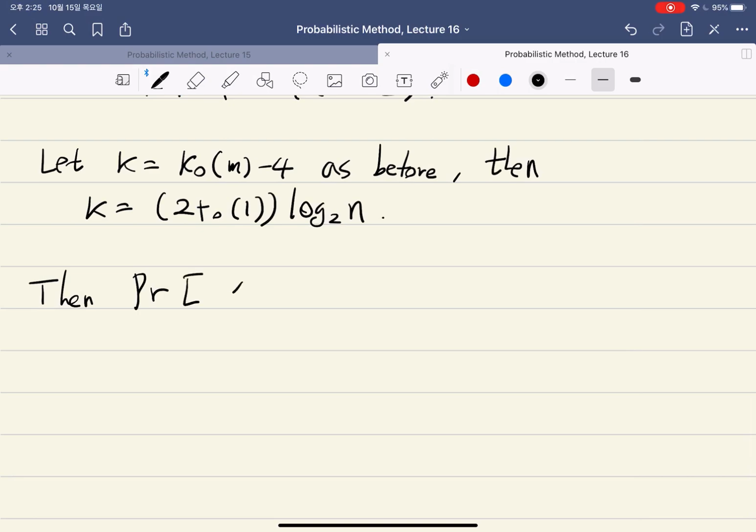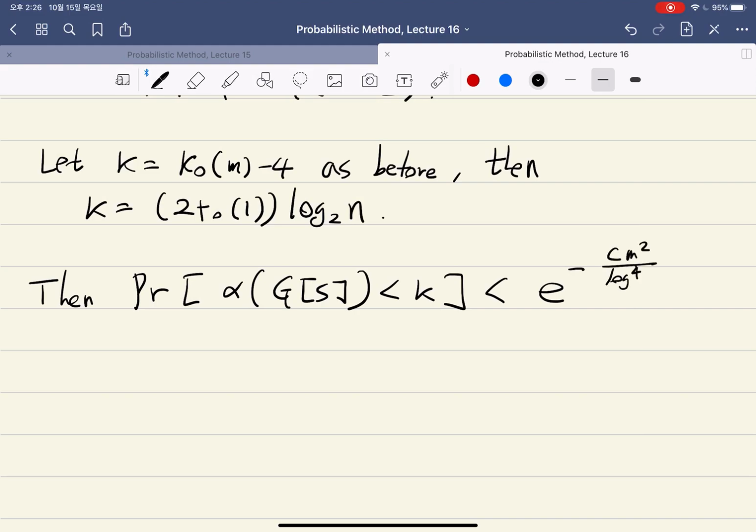Then we know that the probability that the independence number of this induced subgraph is smaller than k is smaller than e to the negative c times m squared over log 8m. Wait, why log 4? Log 8, sorry. Log 8m.